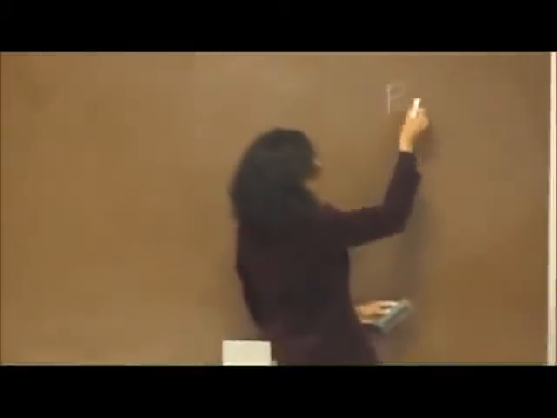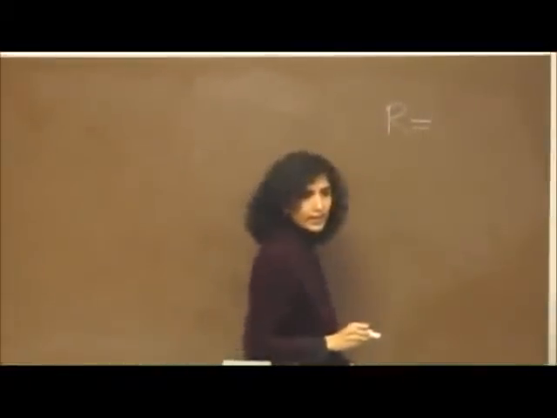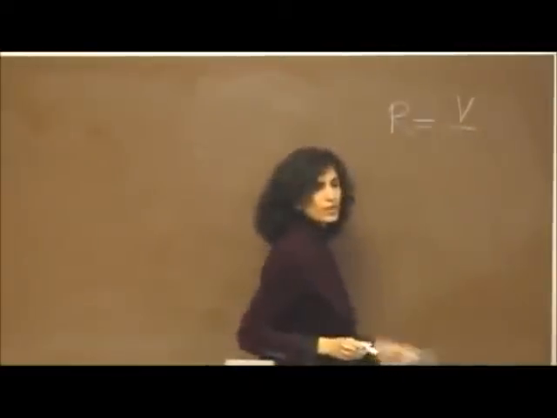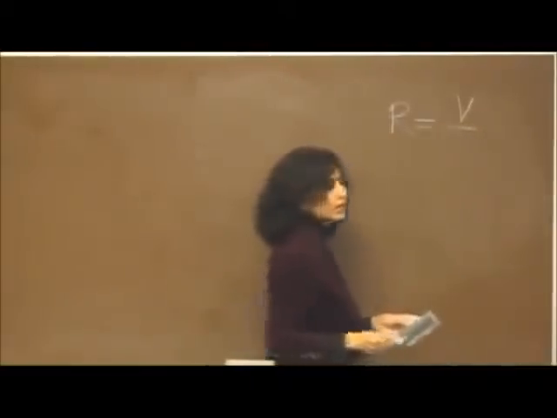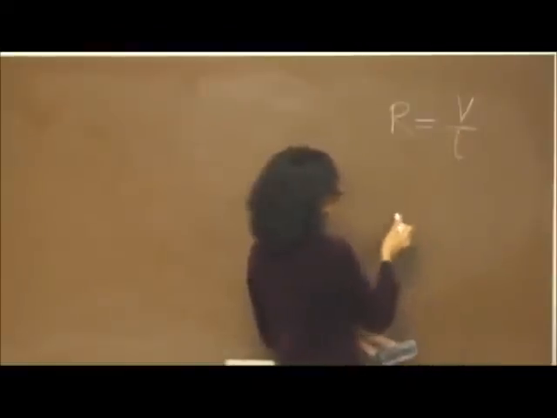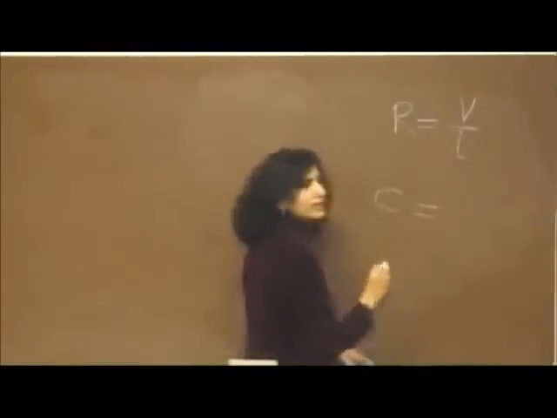In this class we are going to talk about three different things. We already have talked about two of them. One was the resistance of a resistor. For ohmic material, what is R? V over I. How did we define capacitance?